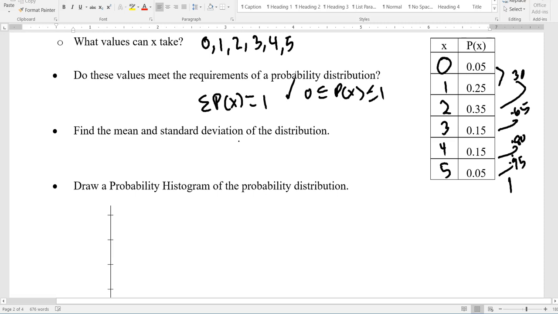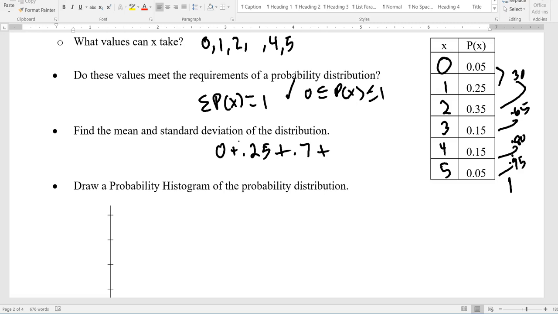Like I said, every x times its probability would be 0 plus 0.25 plus, what is that, 0.7 plus 0.45 plus 0.60 plus 0.25.